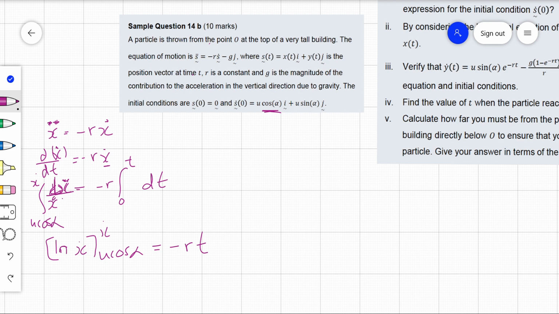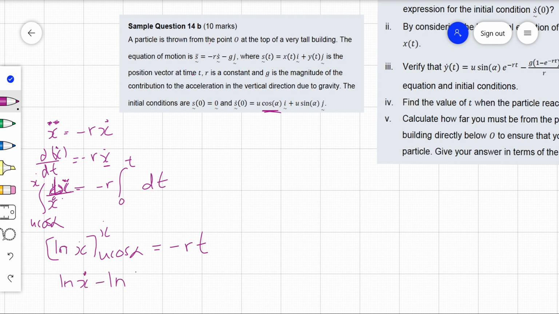Now what are we after? We're after the x of t equation. So we've got to find x dot, and then integrate again to find x. So instead of putting this together, I'll keep it separate.